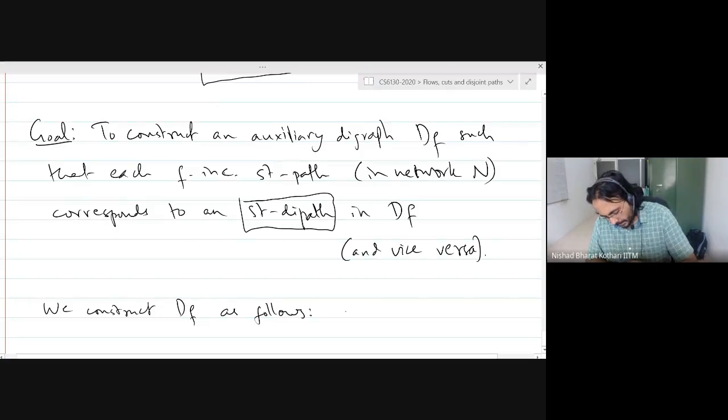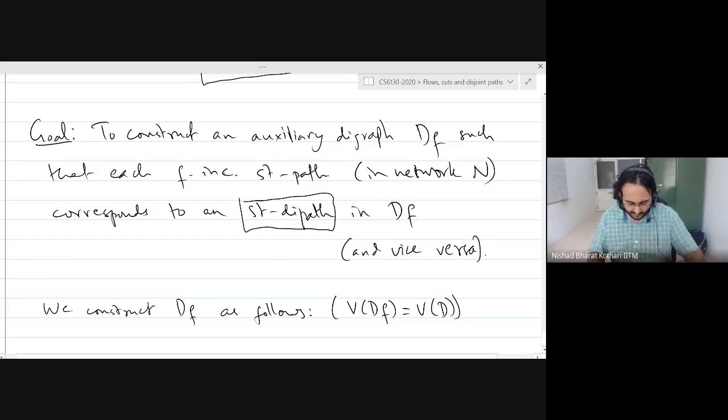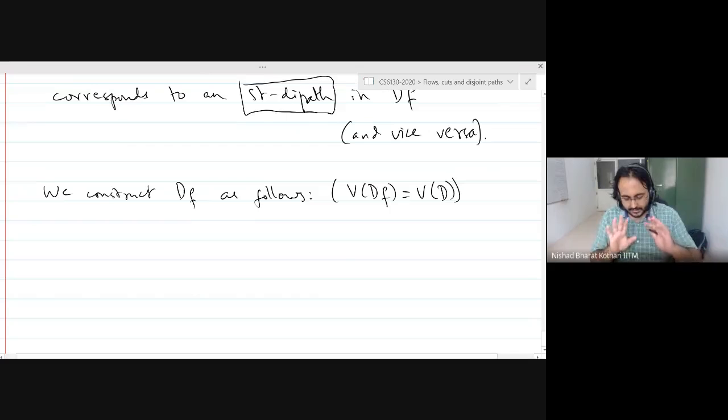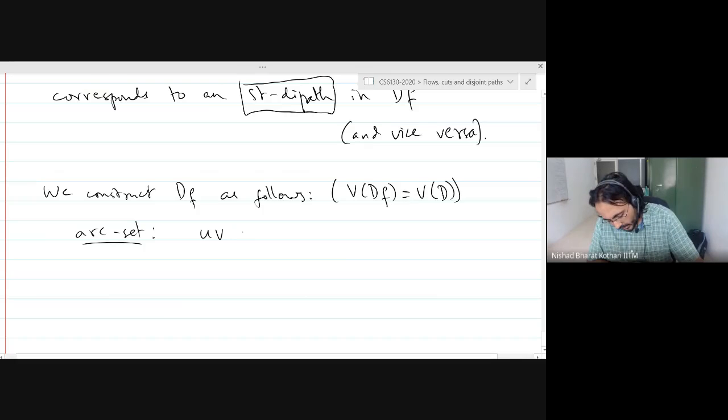The vertices of Df are the same as the vertices of the original digraph in the network N. Okay, so the vertex set is completely obvious. What is not completely obvious is the arc set. So the arc set is defined as follows. U to V. So when I write like this, I mean U is the tail and V is the head.